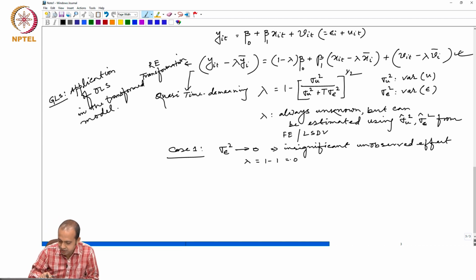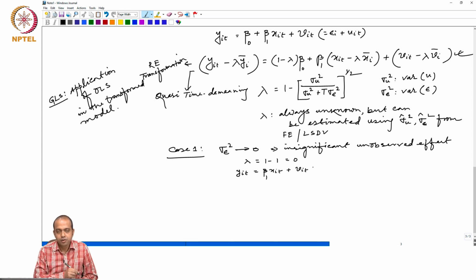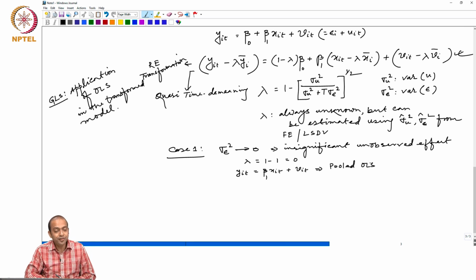If lambda is 0, then our model becomes yit equals beta 1 xit plus vit, which is nothing but pooled OLS, and that is quite reasonable.